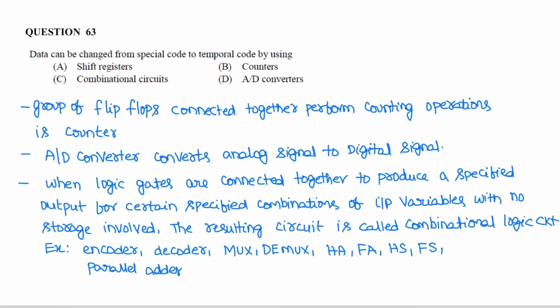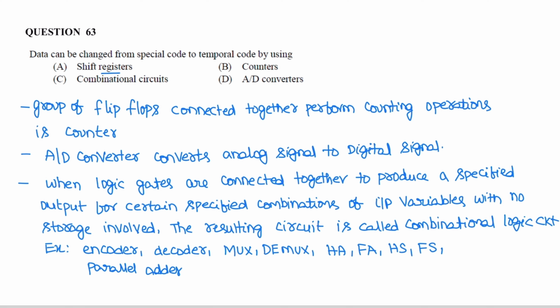Next question: data can be changed from spatial code to temporal code. So it can be done by using shift registers. Analog to digital converter means the purpose is to convert analog signal to digital signal. Combinational logic circuits are when logic gates are connected together to produce a specified output for certain combinations of input variables with no storage involved.